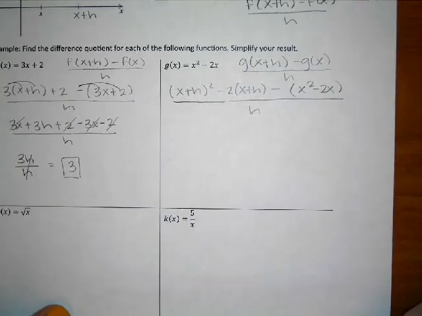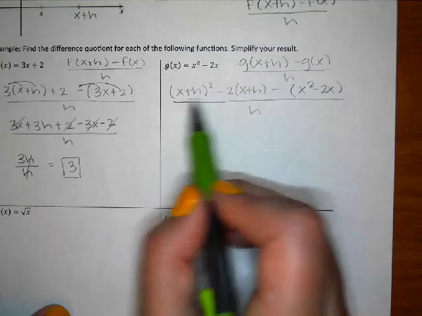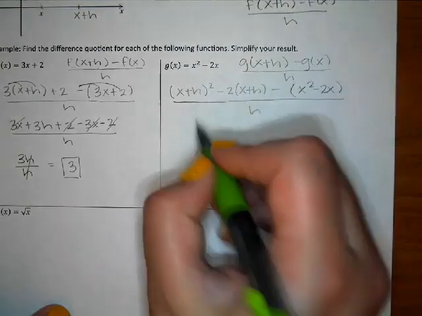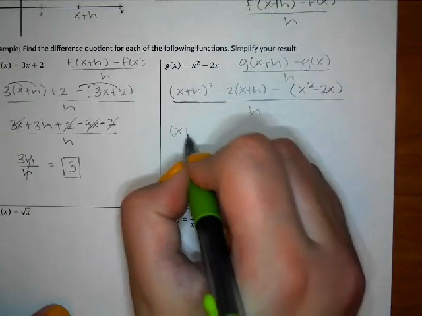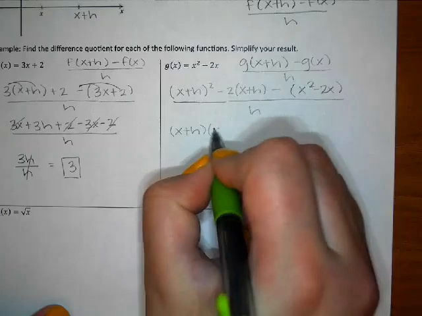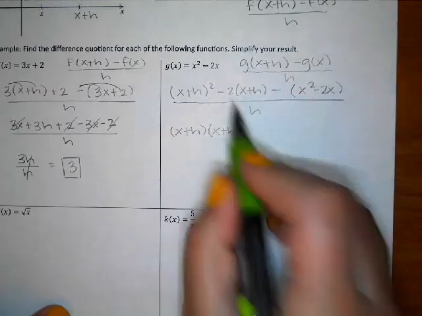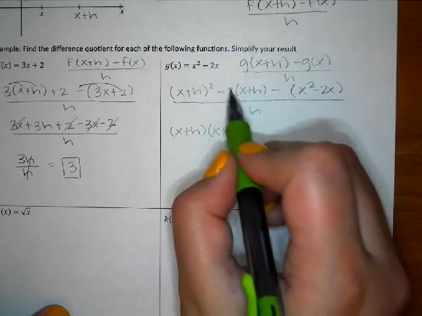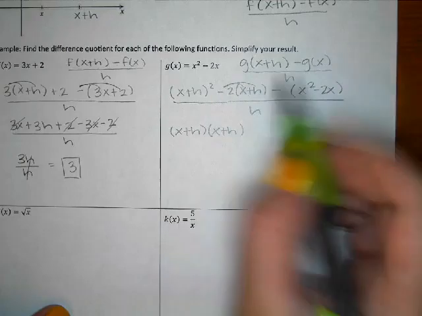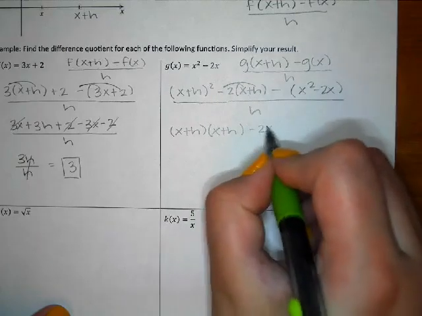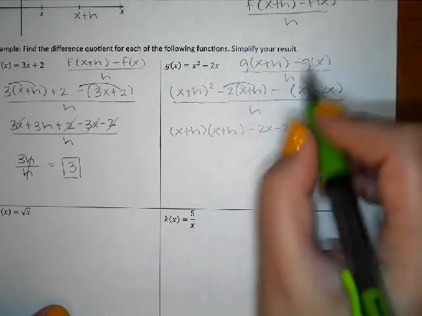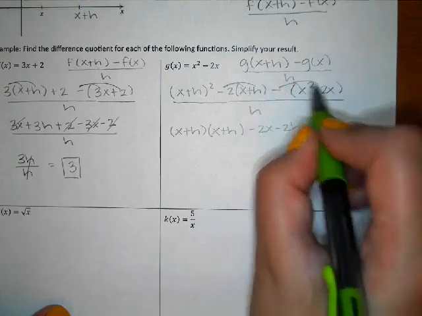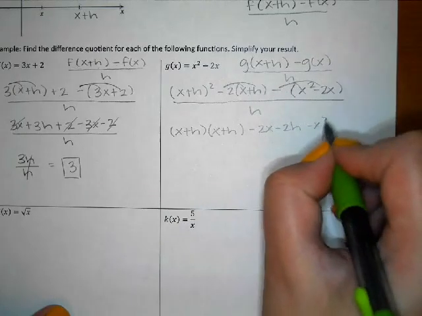So I have to be careful because this one right here, x plus h squared, I really need to write that twice so I can FOIL it out. But these other parts I can just distribute. So I have a negative 2 that I'm going to distribute here. Negative 2x, negative 2h, negative x squared, plus 2x.